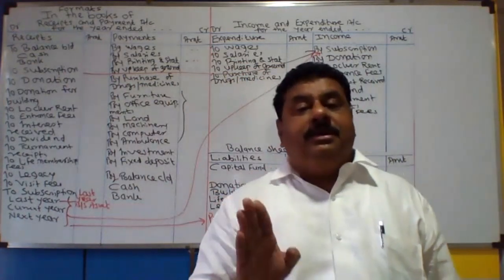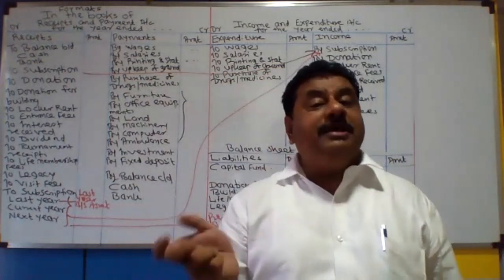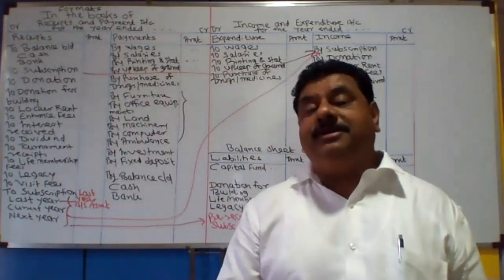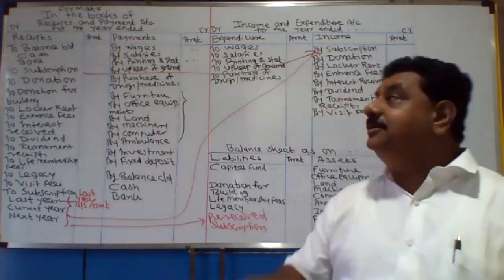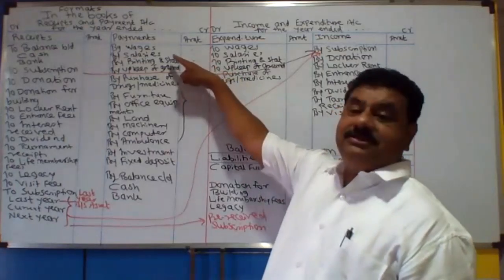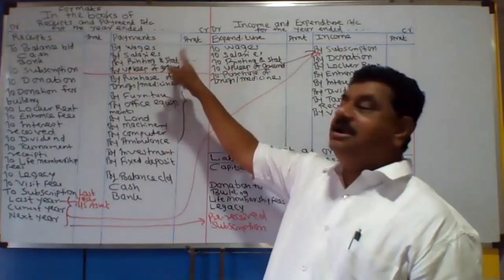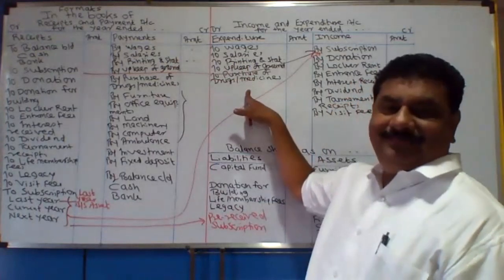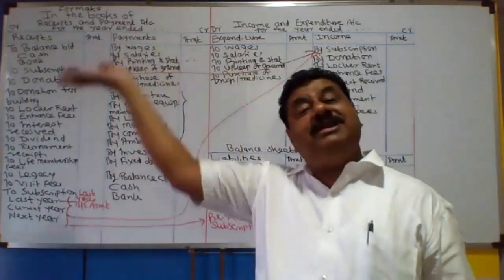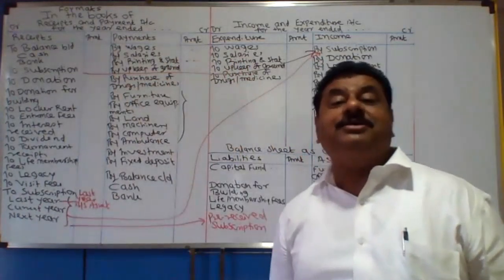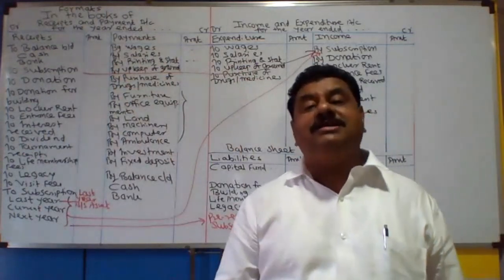Okay. Now this is not only applicable for subscription, but if salary is given for the previous year, last year and current year, then the current year's part will come here and last year's part will go in liabilities, because that is the outstanding salary of the last year.